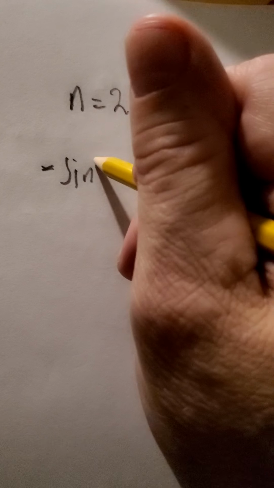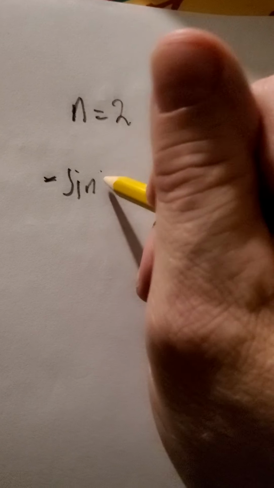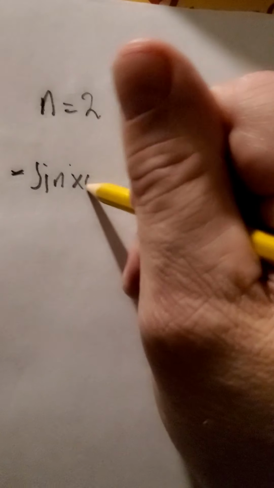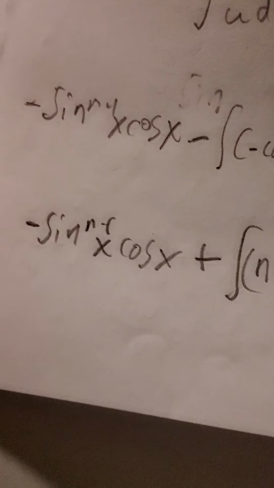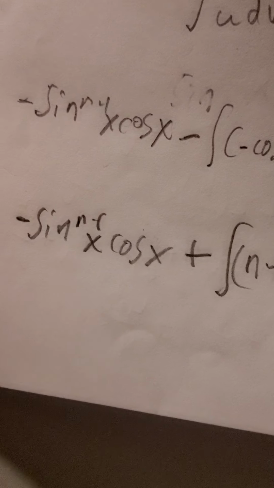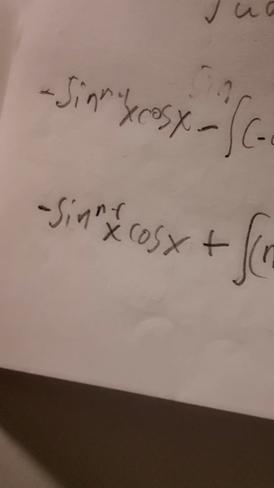So I'll get negative sine to the n minus 1, 2 minus 1, I'm just going to write as sine x cosine x, because here's the formula: minus sine n minus 1 x cosine x, but n equals 2, so 2 minus 1 is 1. Okay, so I got that part.